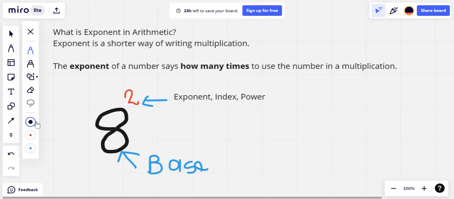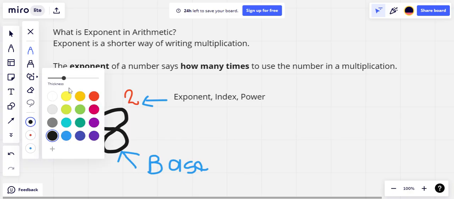And I'm gonna use my black. Let me just make it smaller a bit. We don't want it to be too big this time, okay? All right, there we go. So we read it as 8 to the second power, all right, is equal to 8 multiplied by 8.